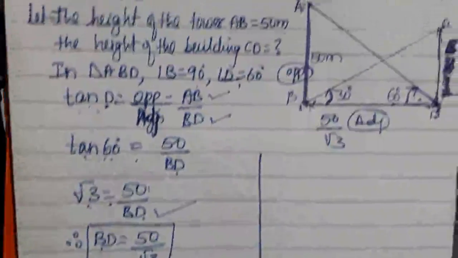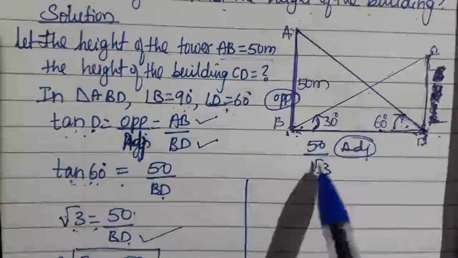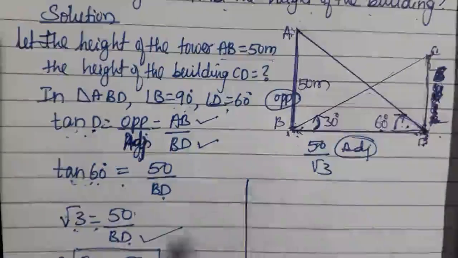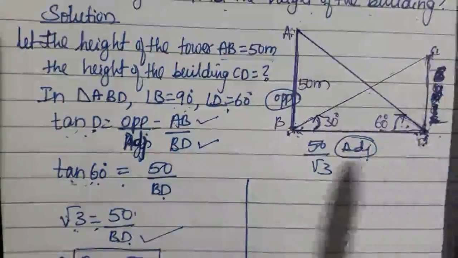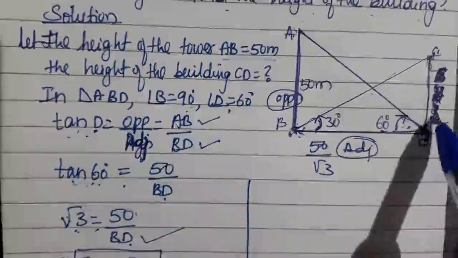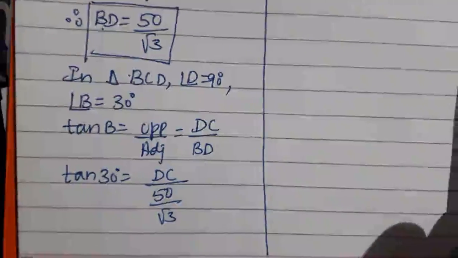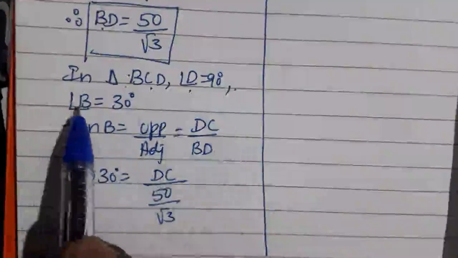So now I have to take the second triangle, because I got BD. BD value is 50 by root 3. So now in this triangle BCD, angle D is 90 degree.